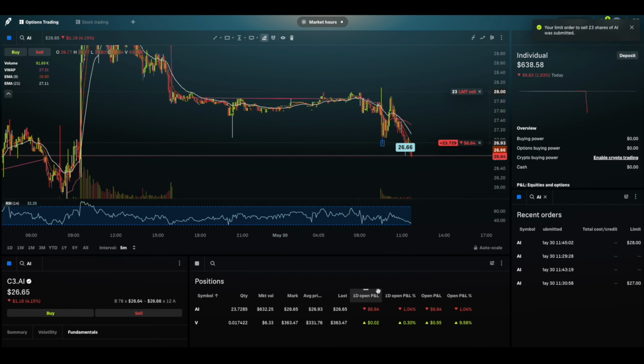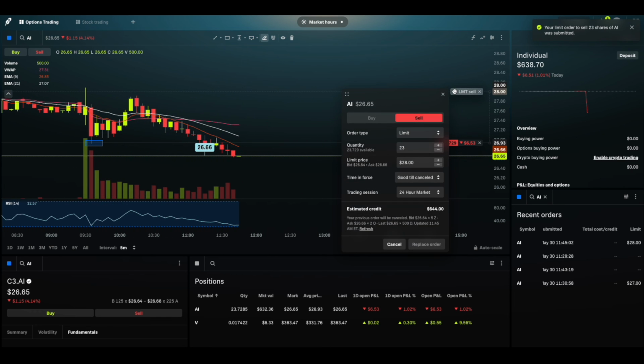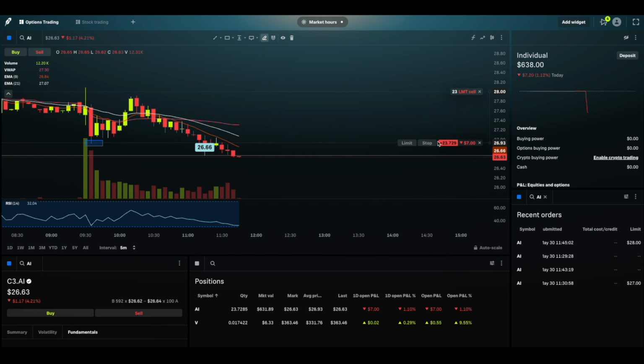So we have set it for $28. And you can see this is the shares, I assume. So 23 shares at $28, showing an estimated credit. It would be $644 total to gain. I don't know why it wouldn't be a little more. You'd think it would be a $26 gain considering our cost basis is $26.93.